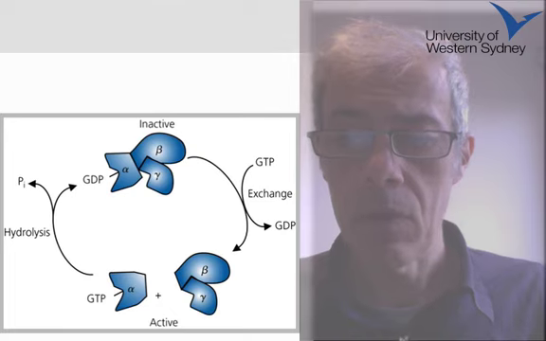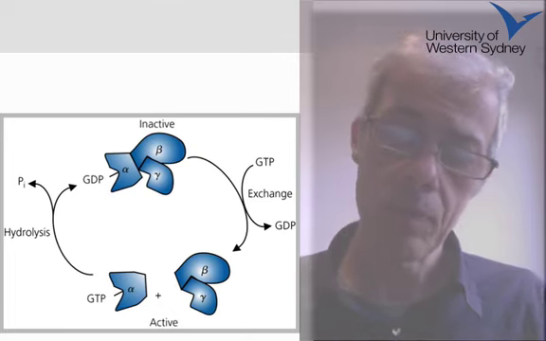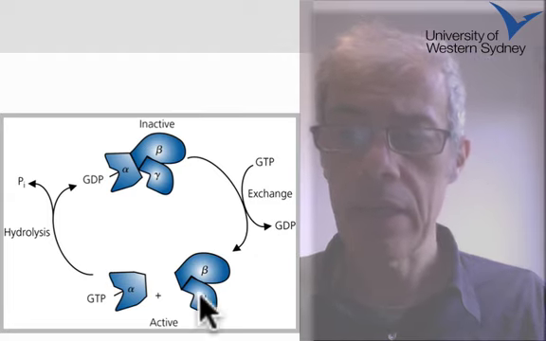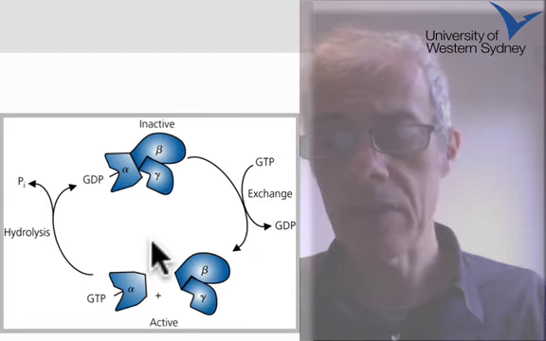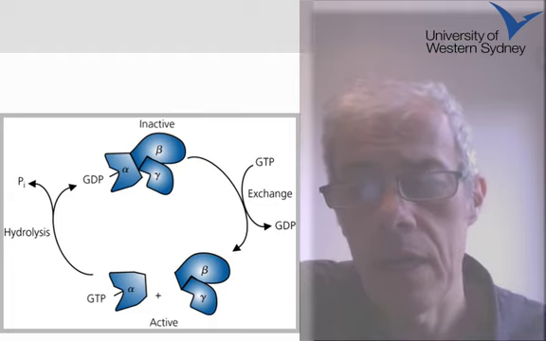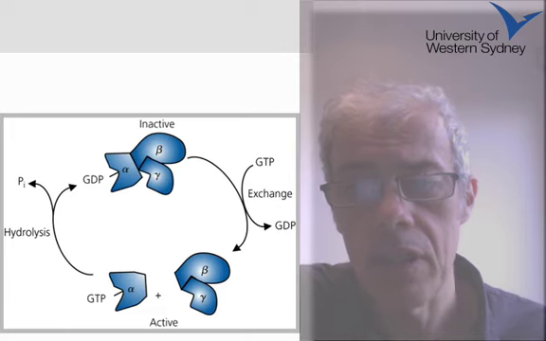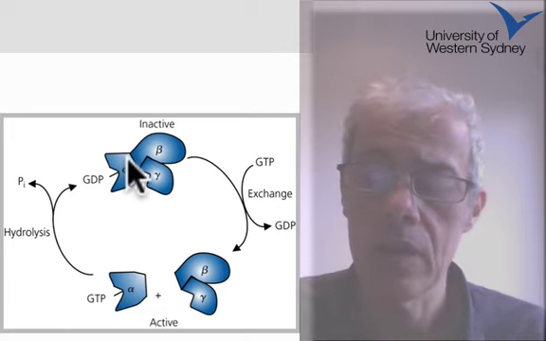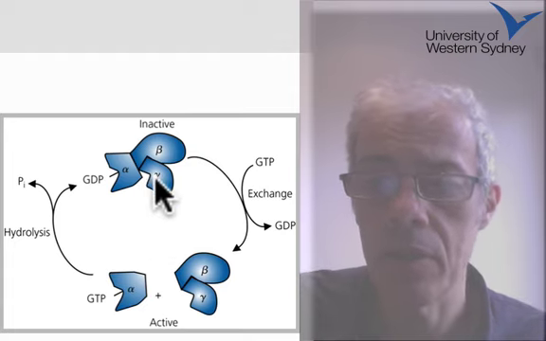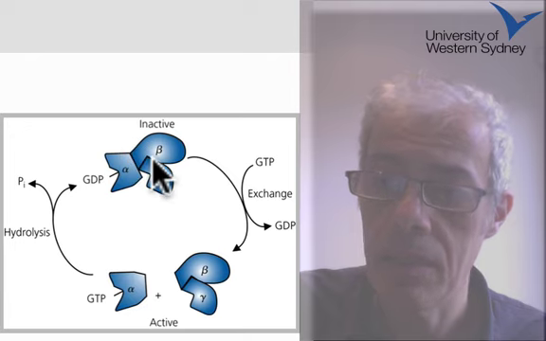Now, we've previously been discussing the activation and inactivation of these G proteins. Here is the same information shown from the textbook. This is from the Hancock textbook, and this is the G protein cycle applied to the heterotrimeric G proteins. Here are our alpha, beta, and gamma subunits bound to GDP in the inactive state.